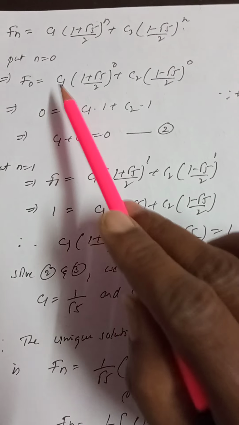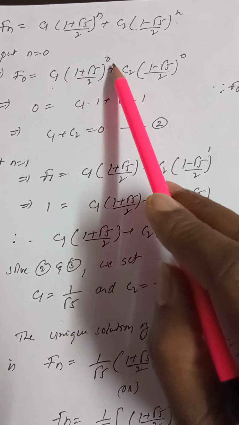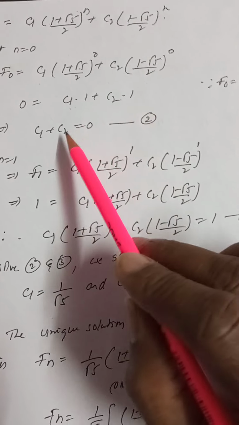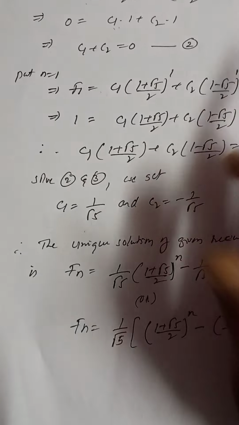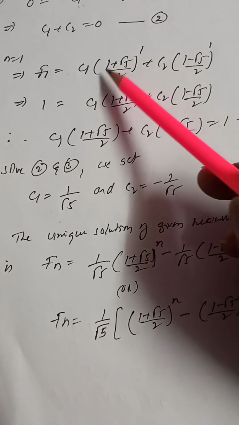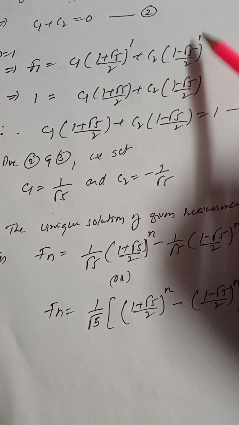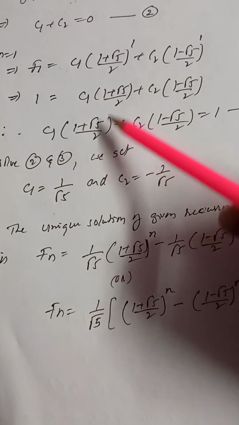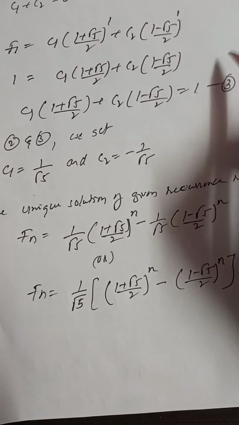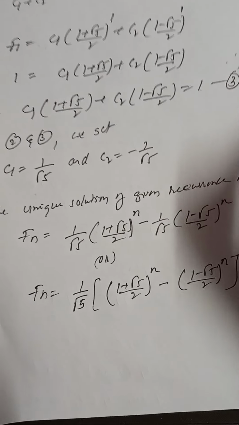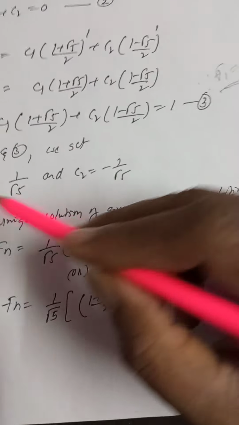F0 value is 0, and something power 0 is 1, so c1 plus c2 is equal to 0. Put n is equal to 1, and you will get this relation: c1 into 1 plus root 5 by 2 whole power 1, plus c2 into 1 minus root 5 by 2 whole power 1, is equal to 1, since F1 is equal to 1.